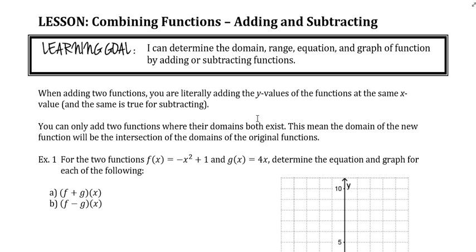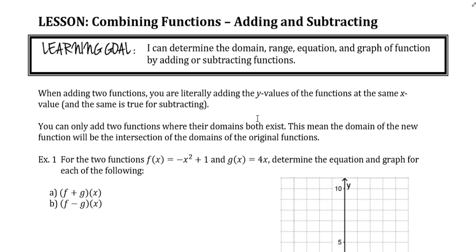Think about this, though. You can only add the two functions in the domain where both functions exist. We're going to look at a quadratic and a linear function, and they both exist everywhere, right? This is something we know about polynomial functions: their domain is x is an element of the real numbers.